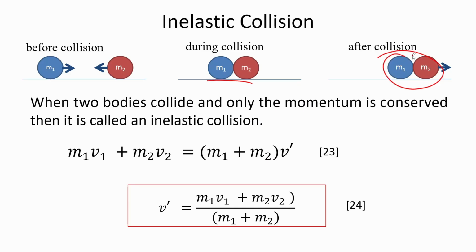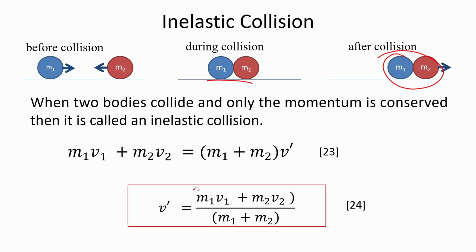So from that, M1 V1 plus M2 V2 is equal to M1 plus M2 times V prime. So no need to put V1 prime or V2 prime. Same naman sila, so V prime lang siya.